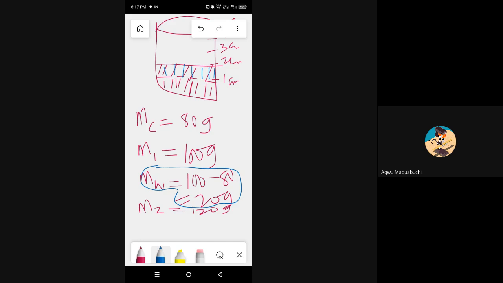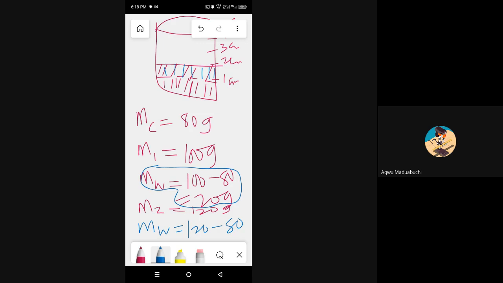Now, how do we get mass of water only at 2 cm? It's 40, sir. So it's going to be 120 minus what?